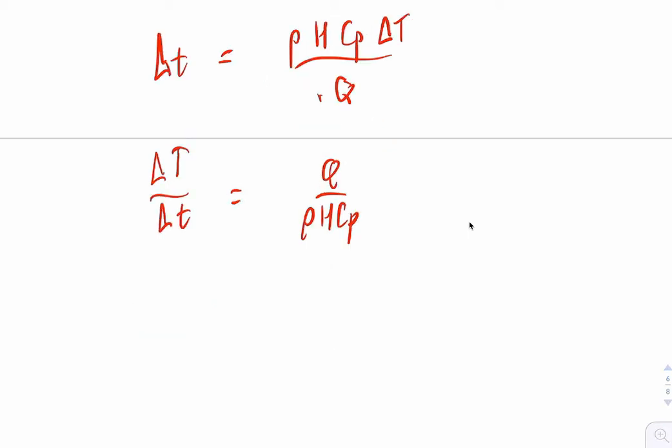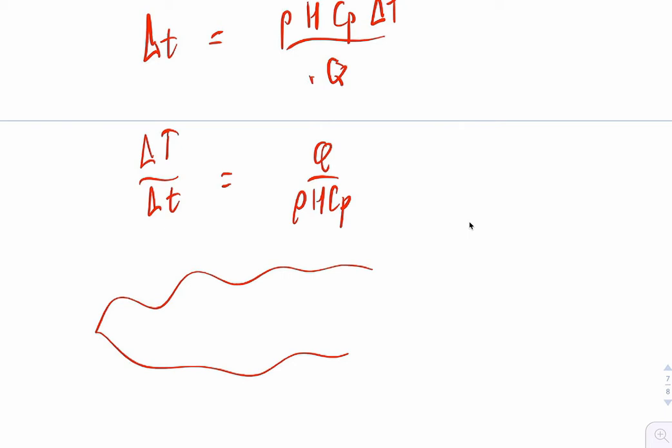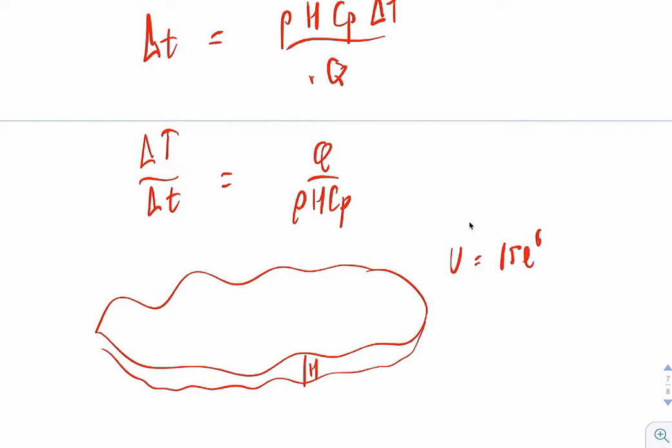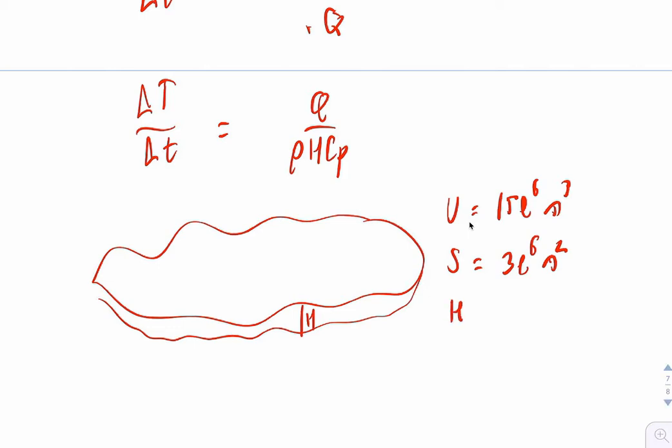If I consider something like Clark's Cove, think of a little pond, has a depth H, it has a volume of 15 million meters cubed, it has a surface area of, I think it's 3 million square meters, and I have an average depth equal to V over S. It's going to be 5 meters.